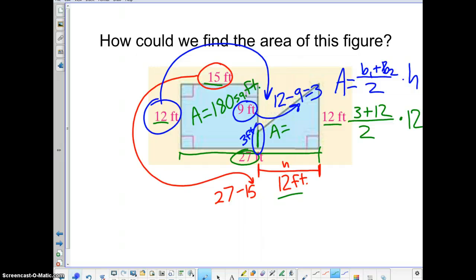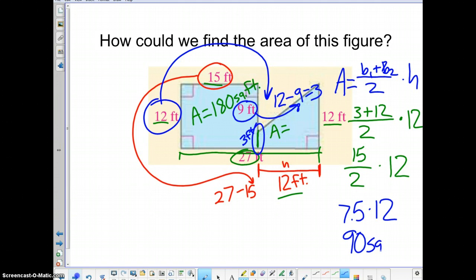So 3 plus 12 would be 15. 15 over 2 doesn't come out as a whole number, but that's 7.5 times 12. And 7.5 times 12 comes out to be 90 square feet. 90 square feet.